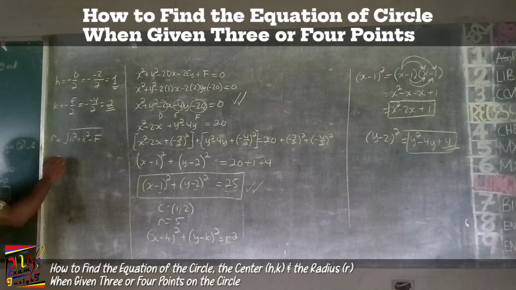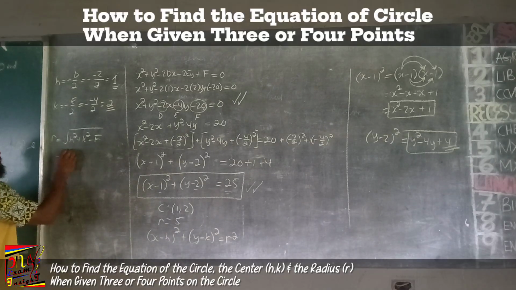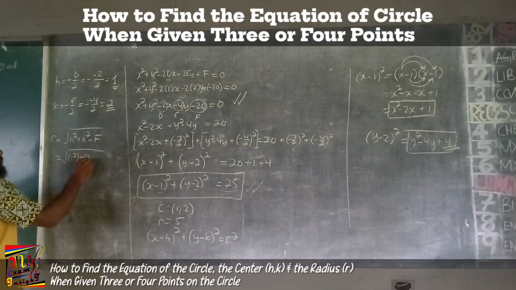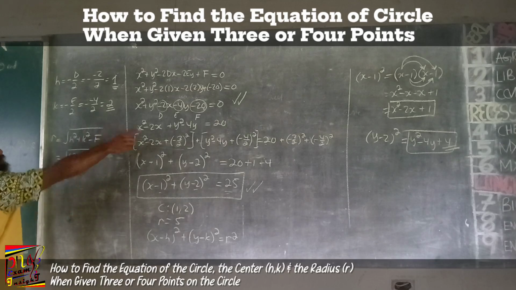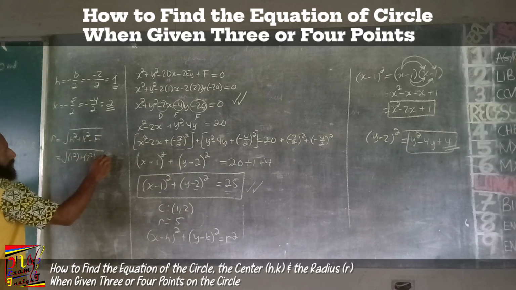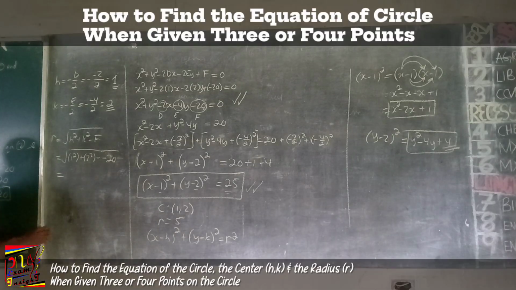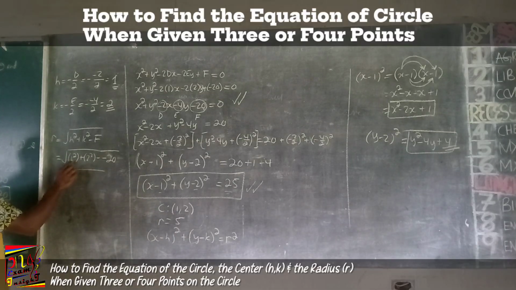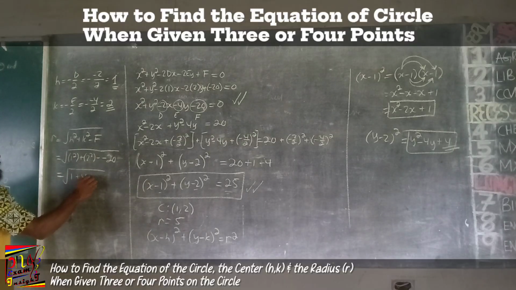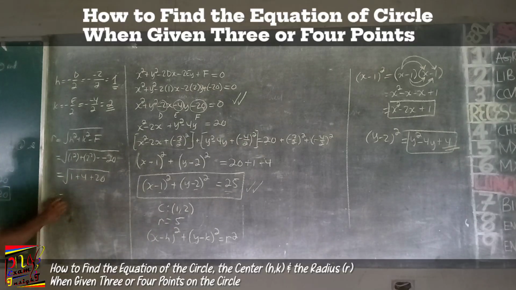So now, to find the radius, we substitute into the formula. Our h is 1 squared plus our k 2 squared minus our F, minus 20. Okay. So 1 squared is 1, 2 squared is 4, and then we have plus 20. 1 plus 4 plus 20 gives us 25.